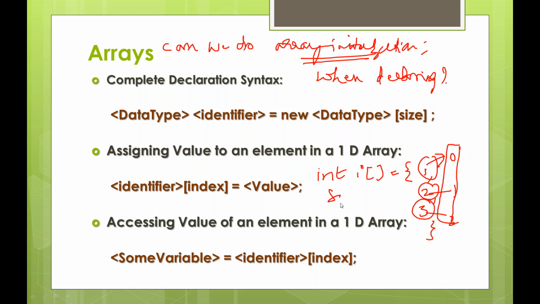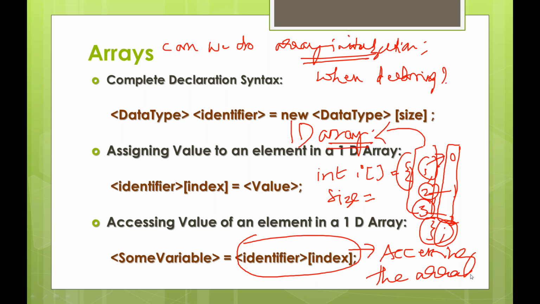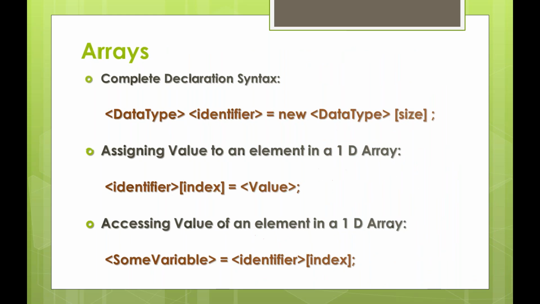So the size is implicitly specified by the number of elements within your flower brackets. You have to end with a semicolon here. This is for your one-dimensional array. The multi-dimensional array also you can do, but we will see how to do that. This is what is called accessing array values.